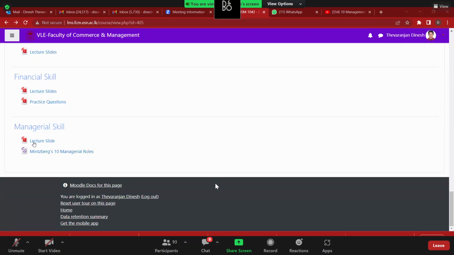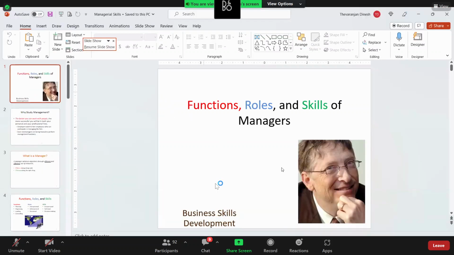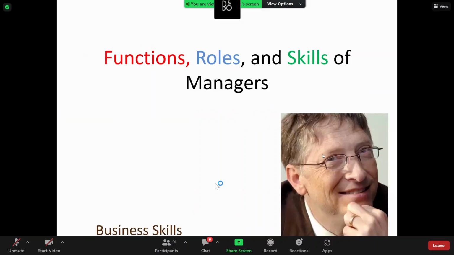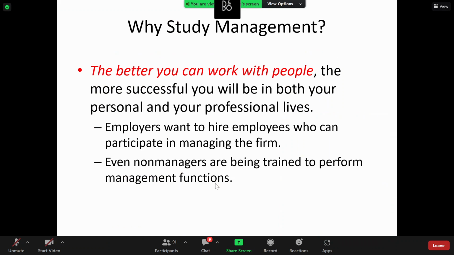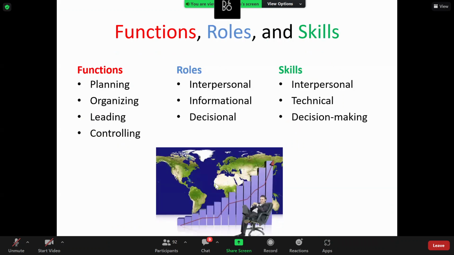You can see the lecture slides: functions, roles, and skills of managers. There you can understand this. I am focusing on these roles.